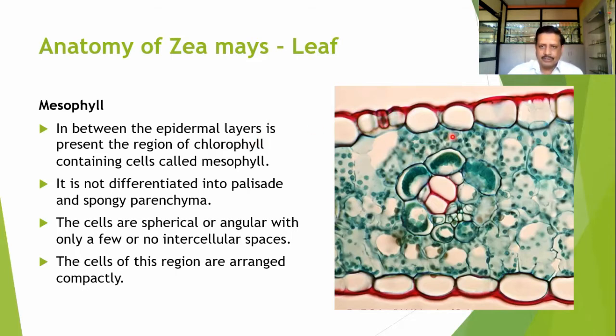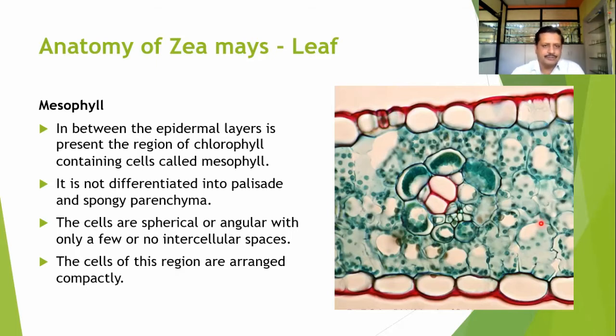All these cells have green pigments, and these are the chlorophyllous cells. The mesophyll is not differentiated into palisade and spongy parenchyma. Palisade cells are normally elongated cells, but here the mesophyll doesn't differentiate into palisade and spongy parenchyma.